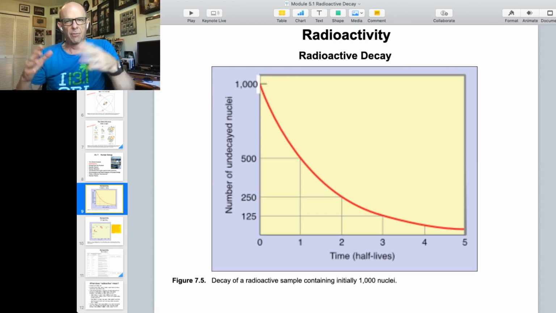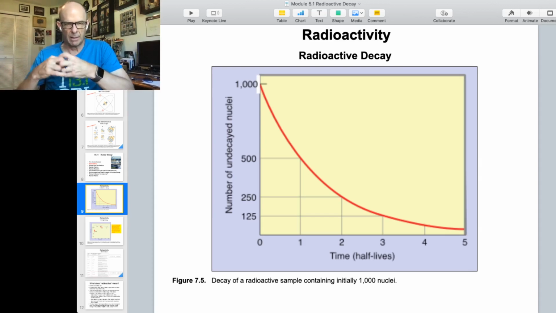So if I have 1,000 atomic nuclei that are identical of an element and an isotope that is radioactive, and it has a half-life of, I'm making this up, 1 year. What that means is that after 1 year, on average, half of those 1,000 atomic nuclei will have decayed.